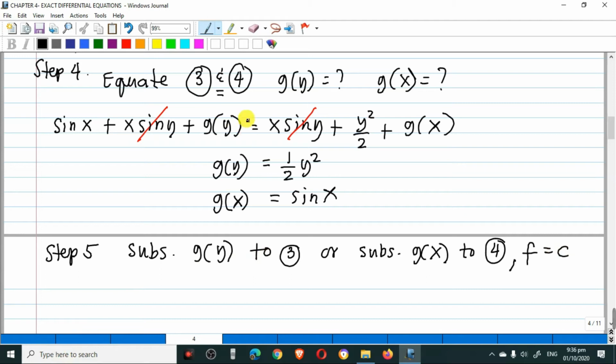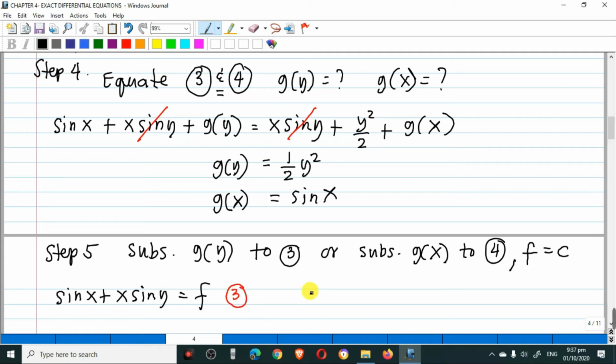Ito na yung equation number 3, di ba? Ito naman yung equation number 4. And this is equals to f, di ba? F din naman yung nasa right side. So, i-copy ko na lang. So, sine of x plus x sine of y. This is equals to f, correct? Ito yung equation number 3.